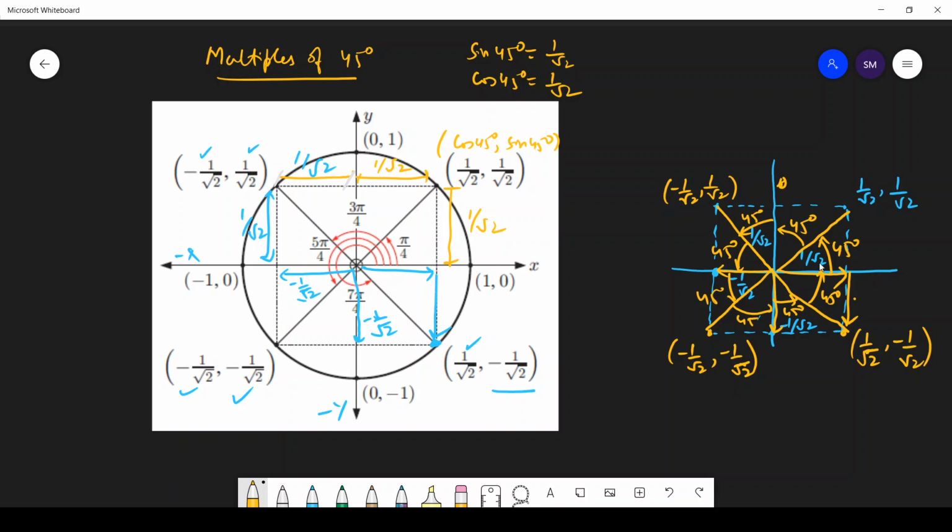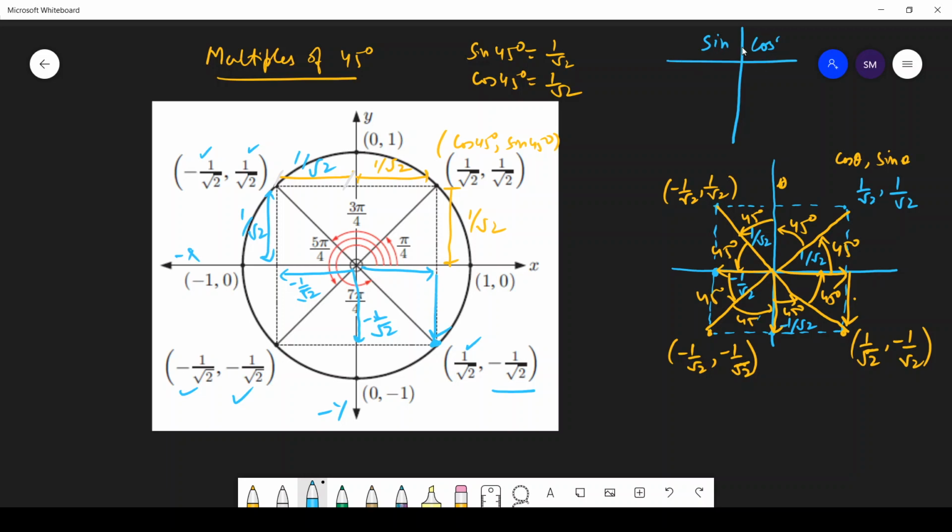Okay, and these angles, you know, this is cos theta, sine theta. So let us write the values for sine theta and cos theta. So this is sine and this is cos.